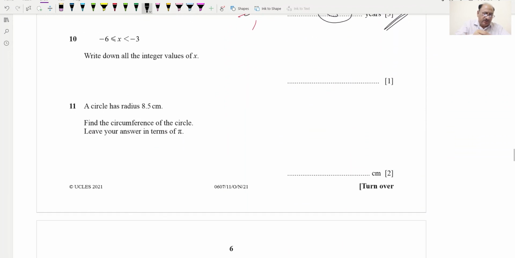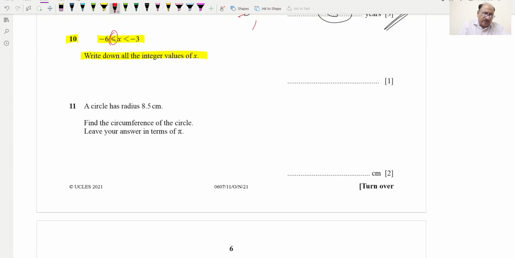Now question number 10, an inequality is provided. Write down all the integer values of x. If we check, this side is less than or equal to, so basically x is greater than or equal to minus 6.